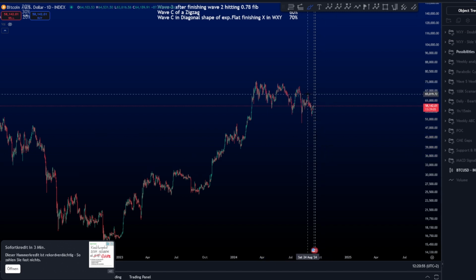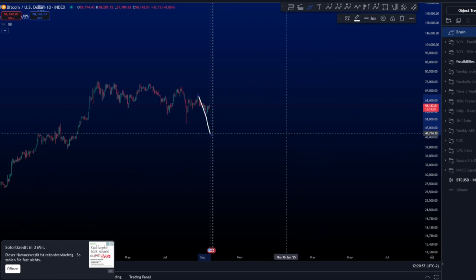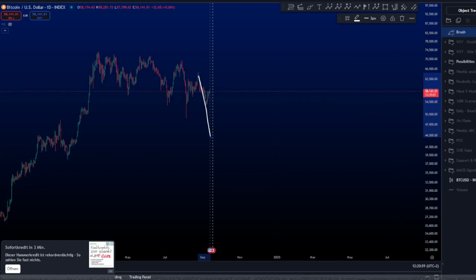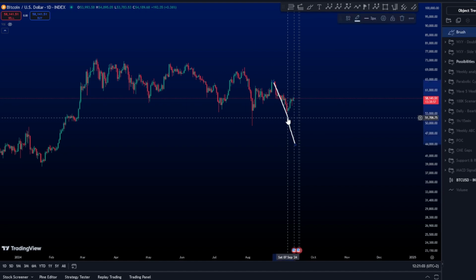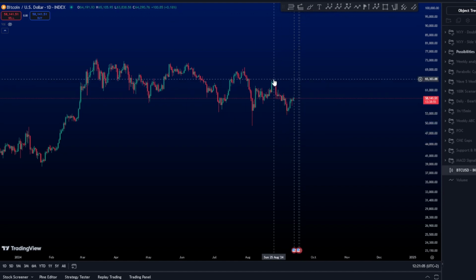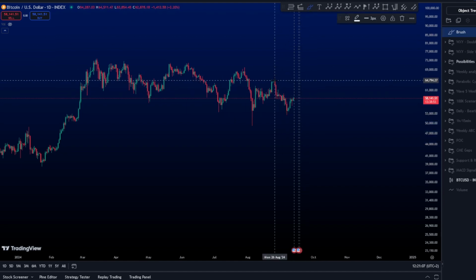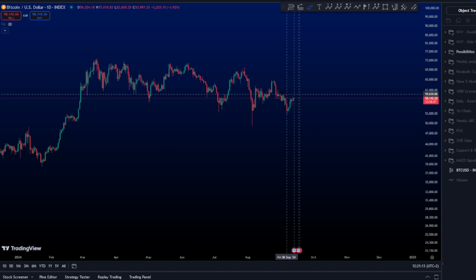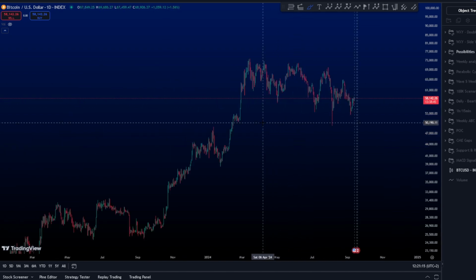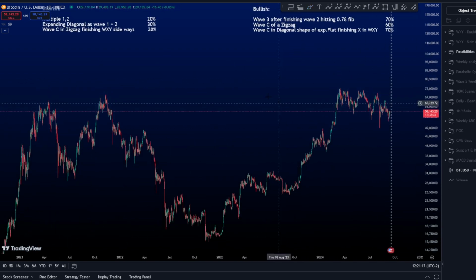What you want to see here is the prices continuing your wave 3 towards the downside, and not really going back after having 3 waves, 1, 2, 3, and then going back. This is not an impulse. This is not a wave 3 towards the downside. So it's impossible to be bearish so far.